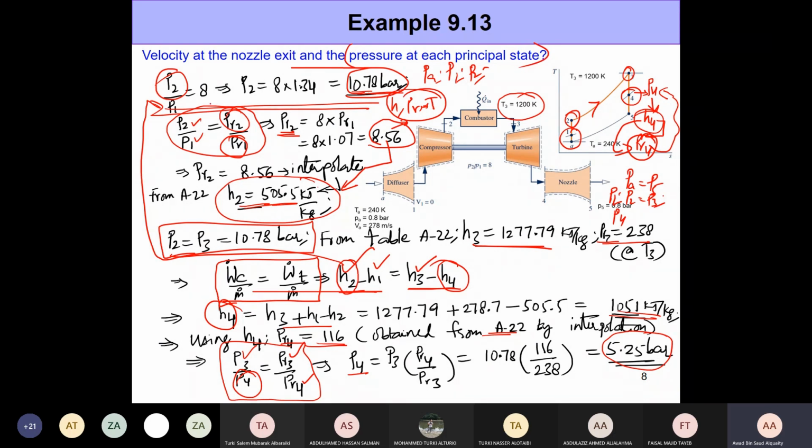Now we need to go ahead and determine the velocity. Do we need any other information to determine the velocity, or do we have everything that's needed? We need H5. Yes, exactly. We need H5. And how can we get H5?